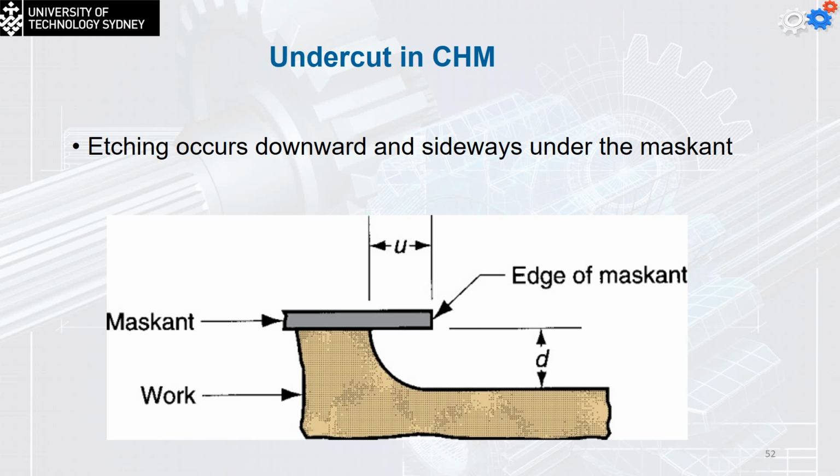Now, how can I overcome the sideways cut, or what we call the undercut? I would like to have a cut with, for example, this dimension, but the material will go inside. So if I would like to have the accurate cut, what am I supposed to do?